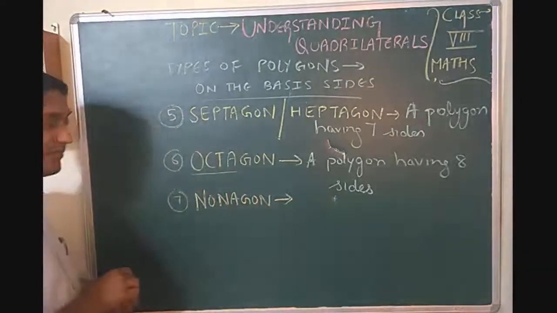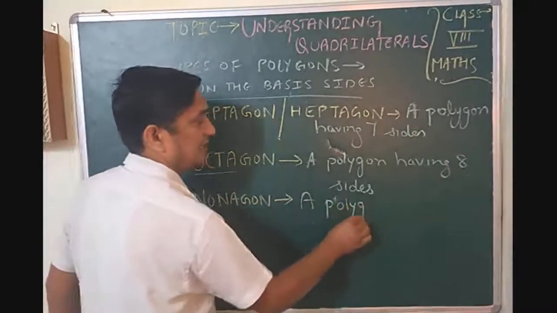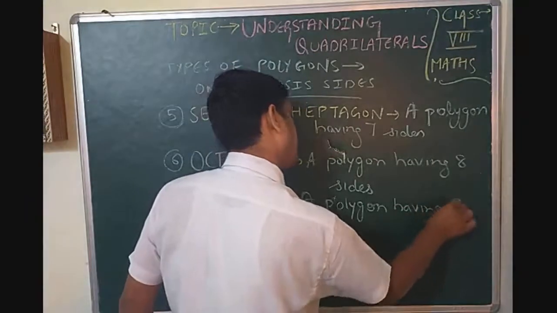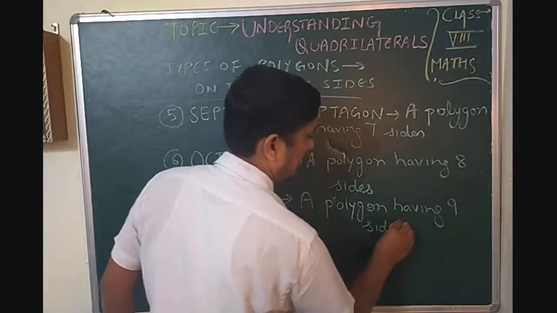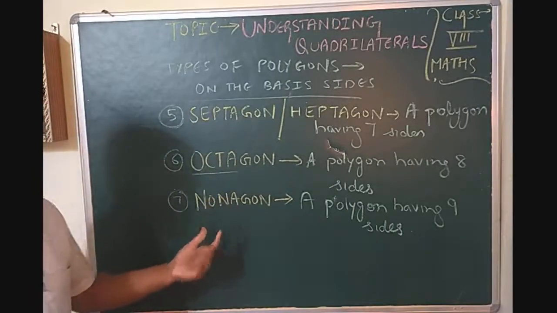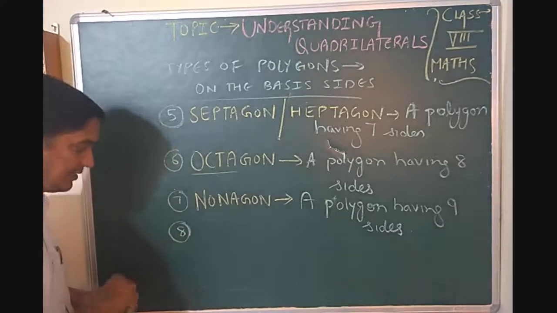Nonagon means a polygon having 9 sides. A 9-sided closed figure is termed as nonagon. Next is the last one we will discuss here, decagon.